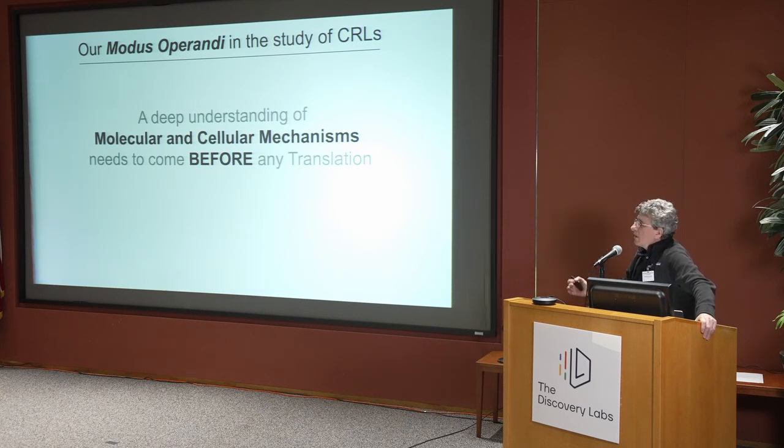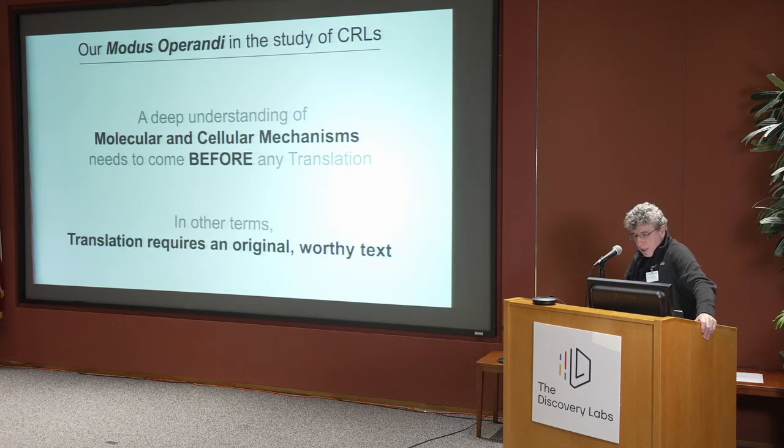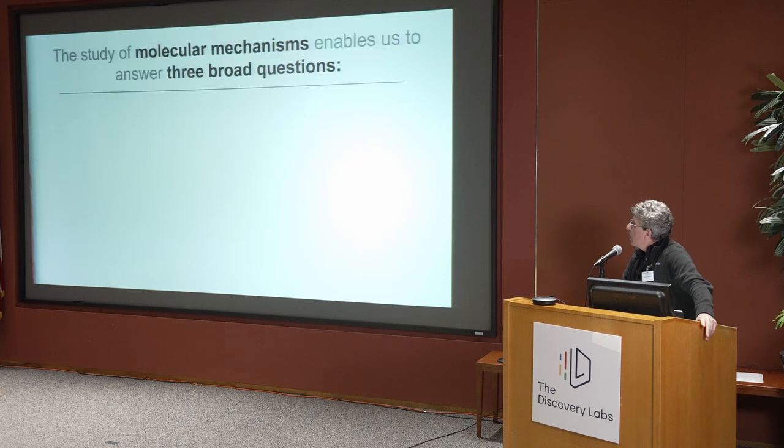To translate something, it requires a deep understanding of molecular and cellular mechanisms that has to come before translation. And you have to translate only worthy text. If you don't have a worthy text, translation becomes useless. So this is the importance of basic science, the importance of understanding what the enzymes, in our case ubiquitin ligases, do in the cell before we can translate anything.